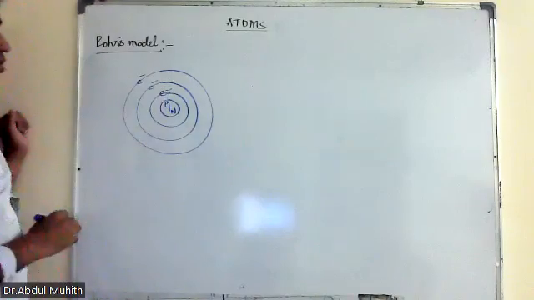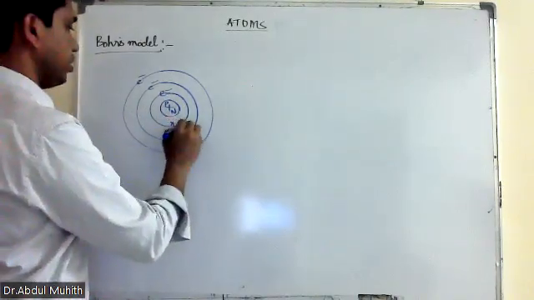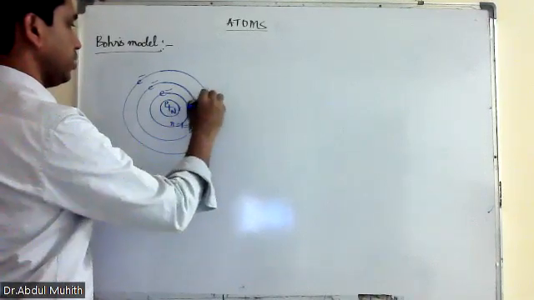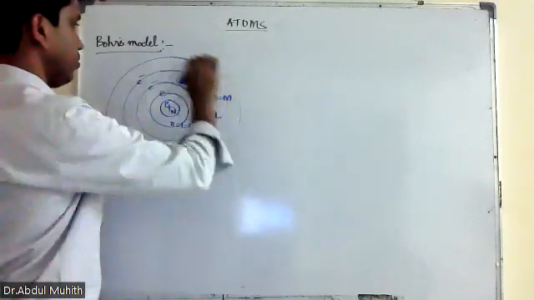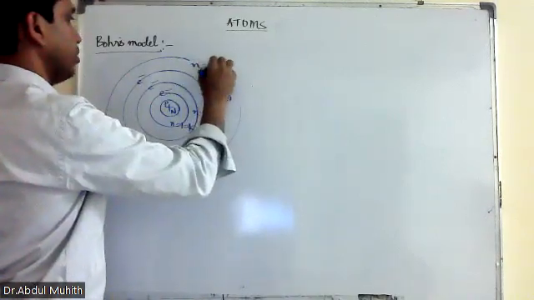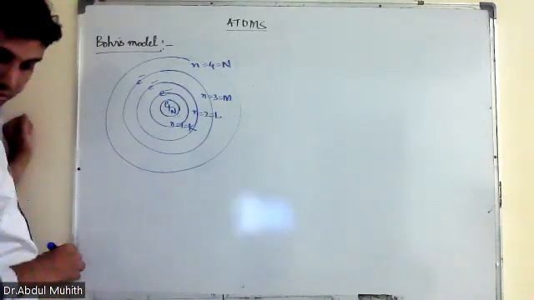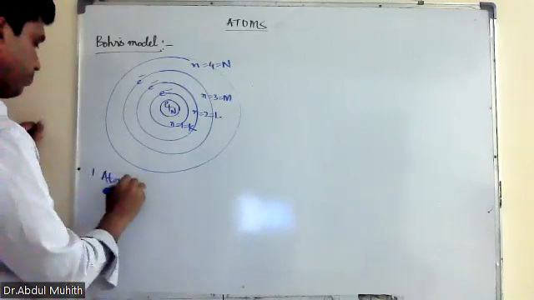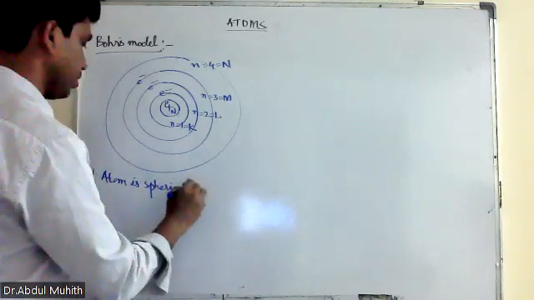Here we have n equal to 1 is K, n equal to 2 is L, n equal to 3 is M, and n equal to 4 is N. These are the four different shells. Here, the first one: the atom is spherical in shape.